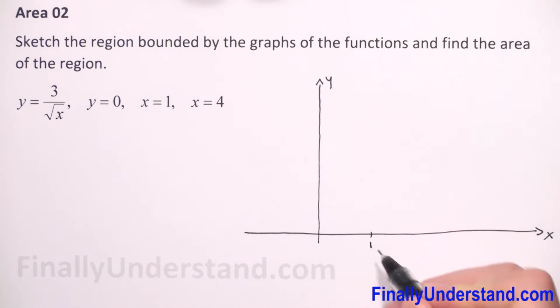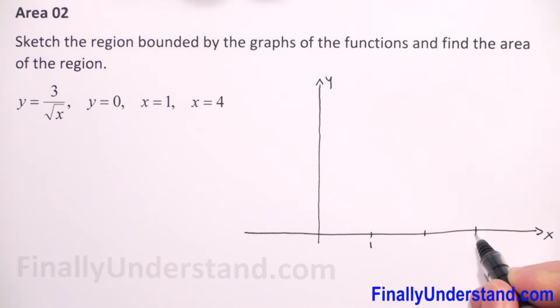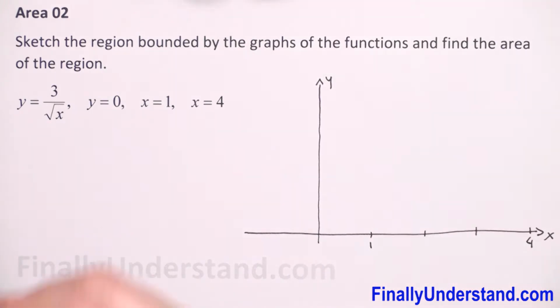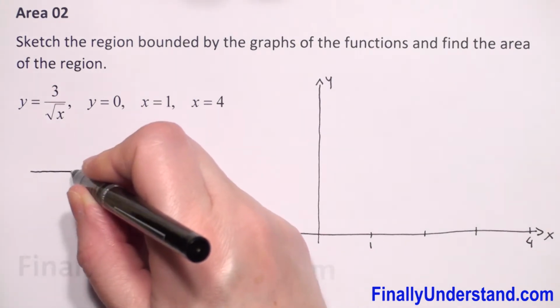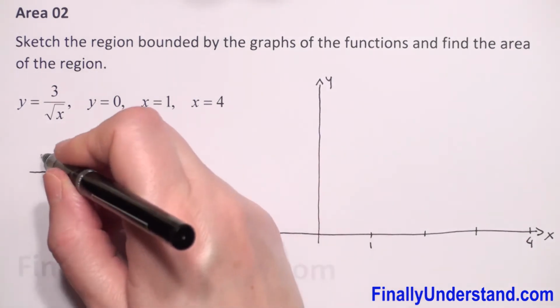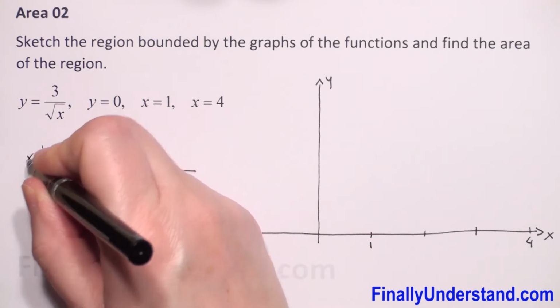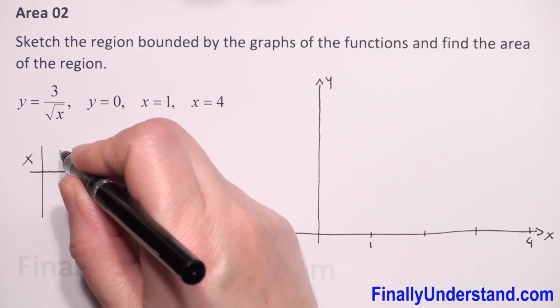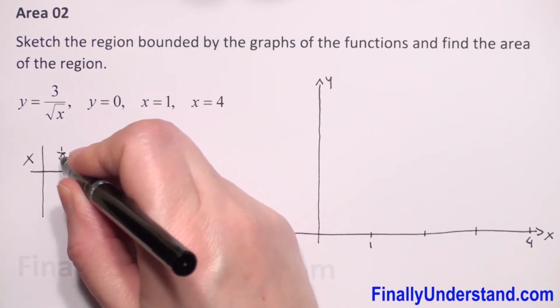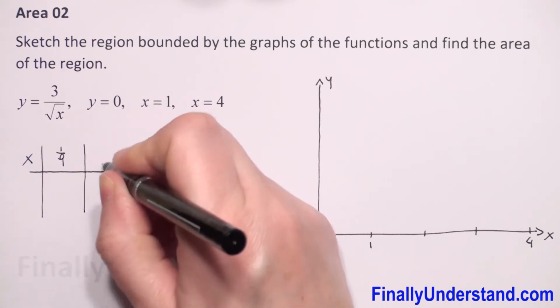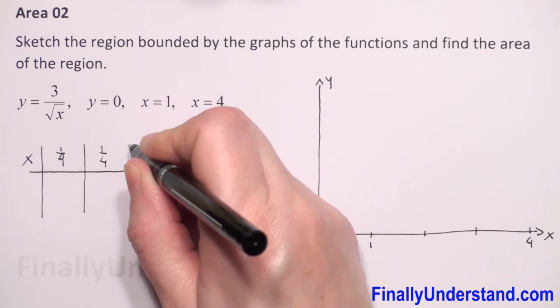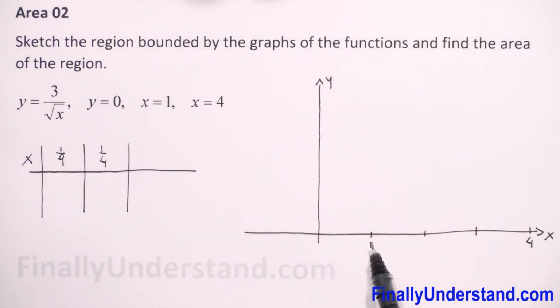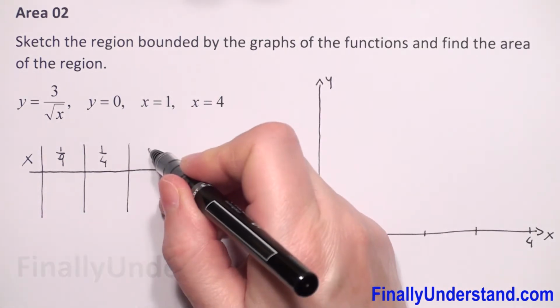So let's put this is 1, 2, 3, 4. Let me draw the table. This is our x. I will choose first 1 over 9, 1 over 4, and we need 1 and 4.